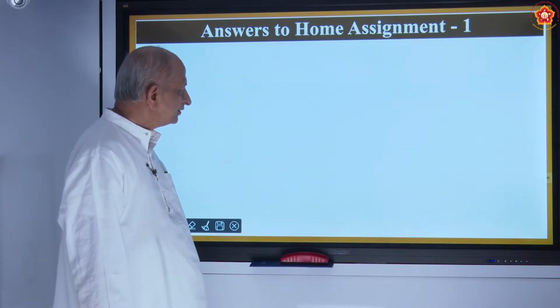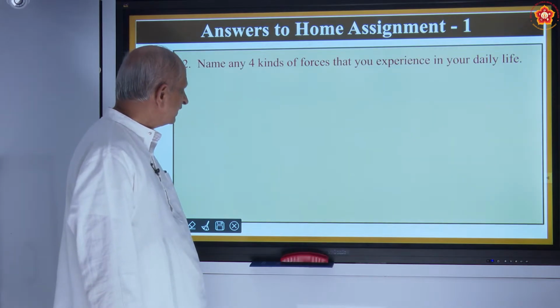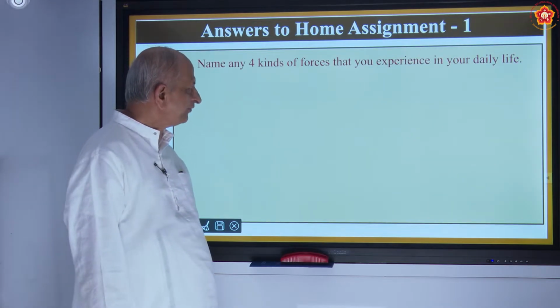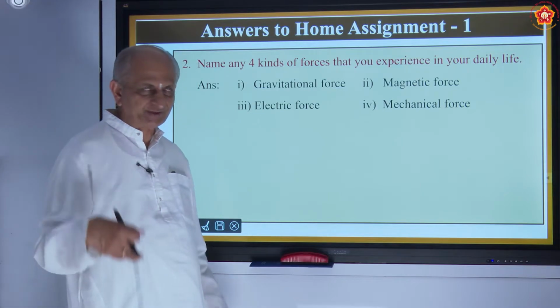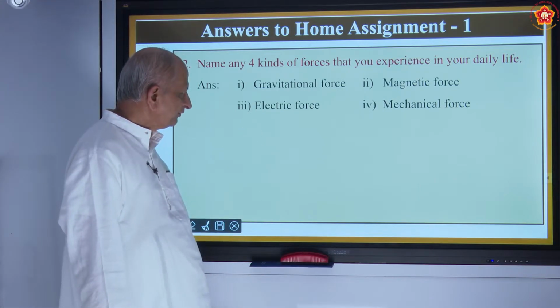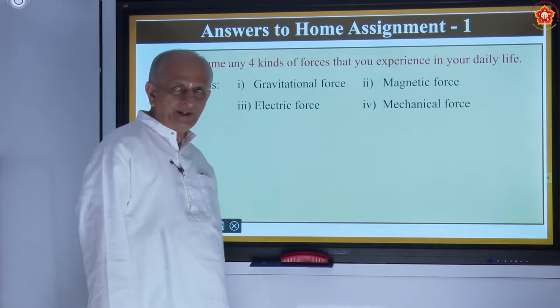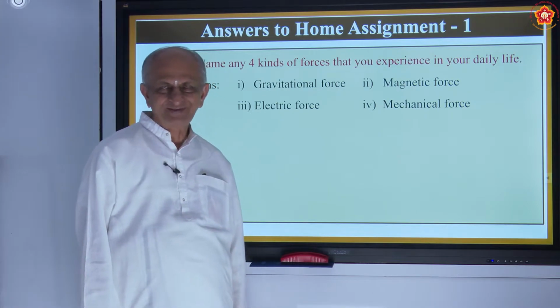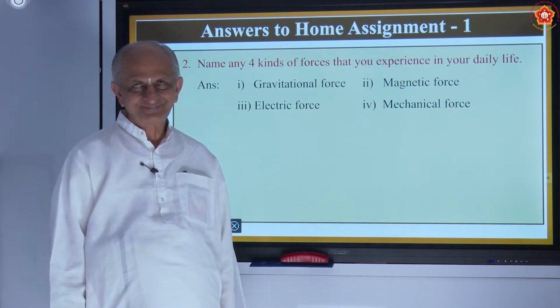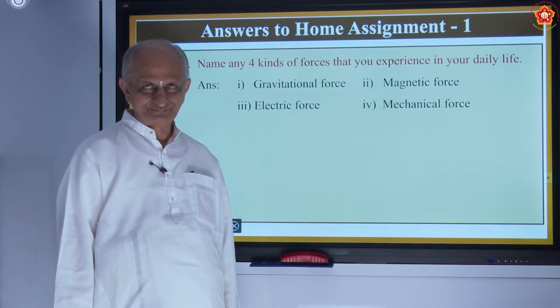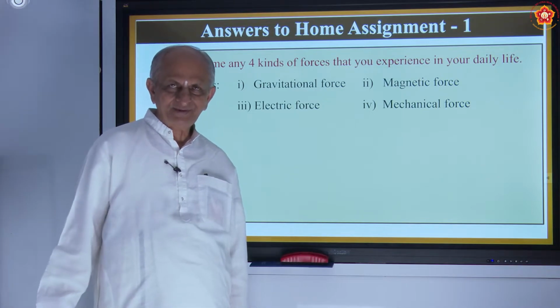And the second question, name any 4 kinds of forces that you experience in your daily life, which we discussed yesterday. Gravitational force. Where do you see gravitational force? The fruits falling from a tree due to gravitation. High jump.